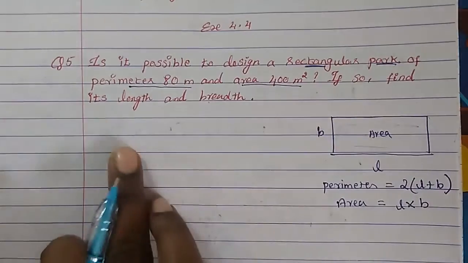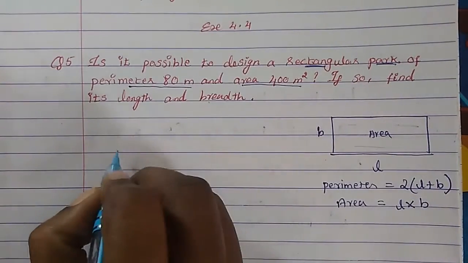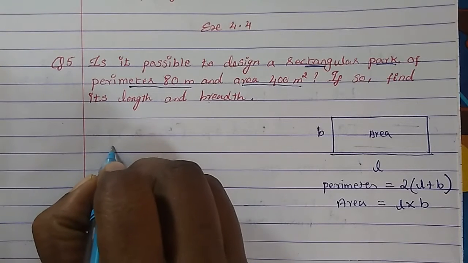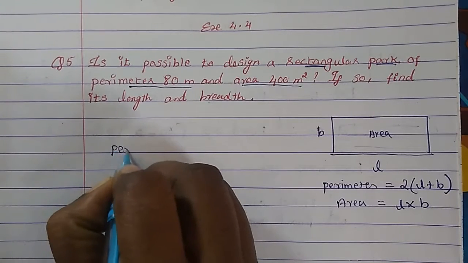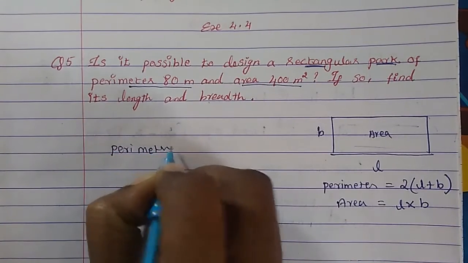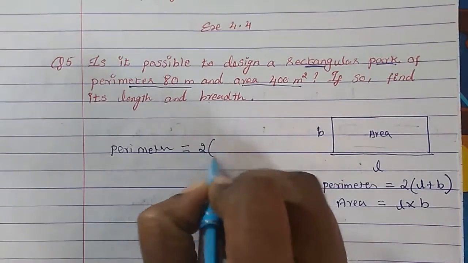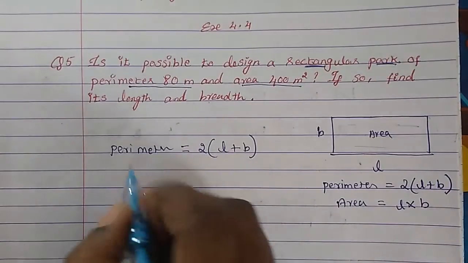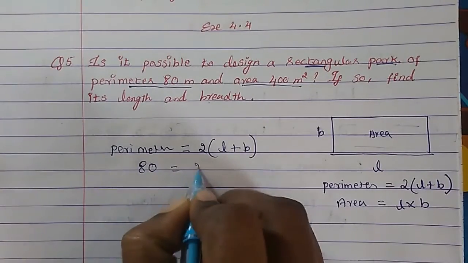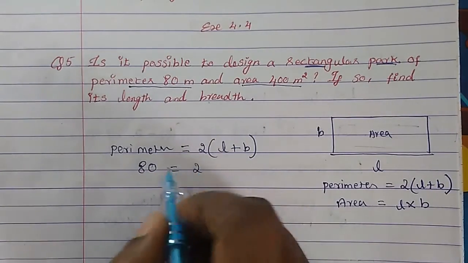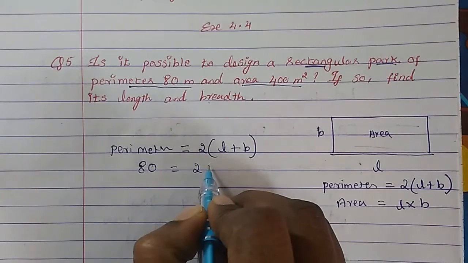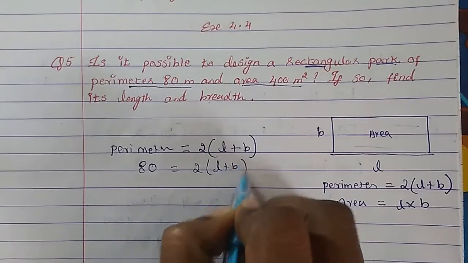So now let's write down first perimeter. Perimeter is 2 times length plus breadth. Perimeter is given to us 80. So 2 times L plus B equals 80.